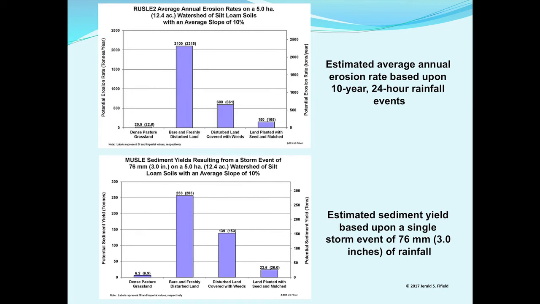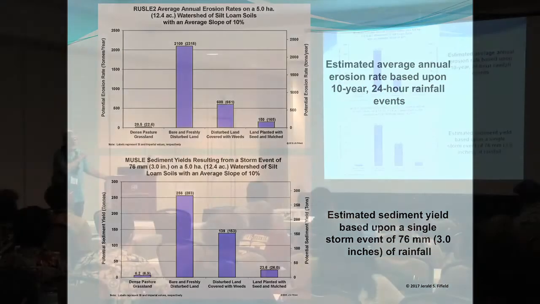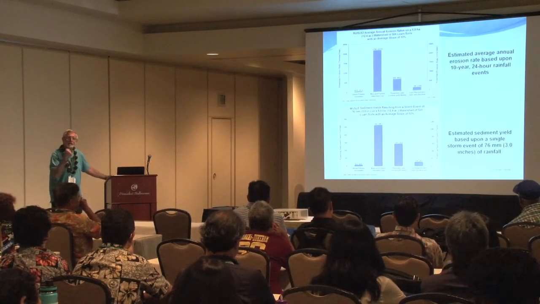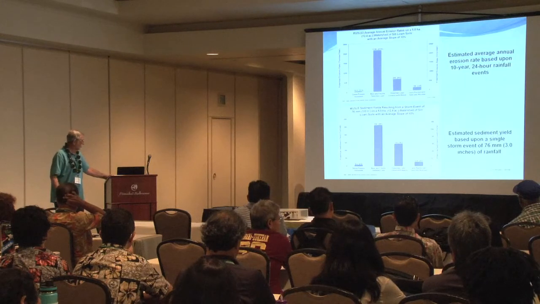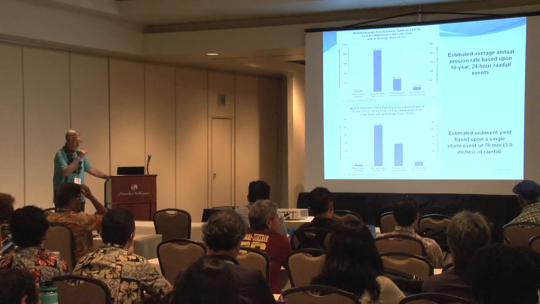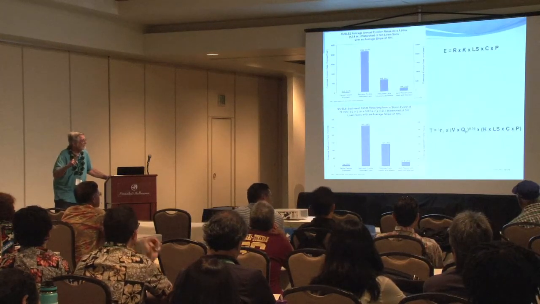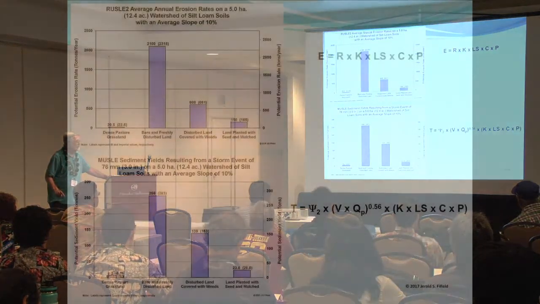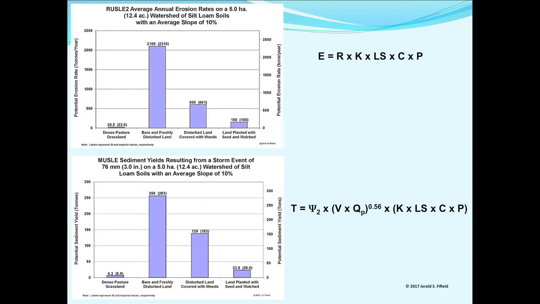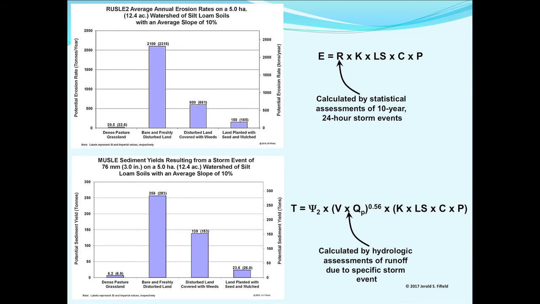But why aren't the shapes exactly the same? We have something relatively similar, but boy, that one with the weeds is really different, isn't it? It comes from the fact that the Revised Universal Soil Loss Equation has done a lot more work now to figure out what some of the parameters are, whereas the Modified Universal Soil Loss Equation has a variable a lot of people are not looking at very closely, and that is the fact that you've got to do hydrology.